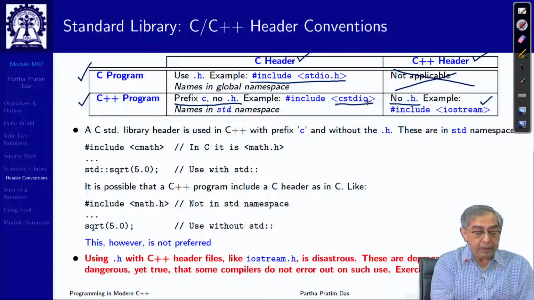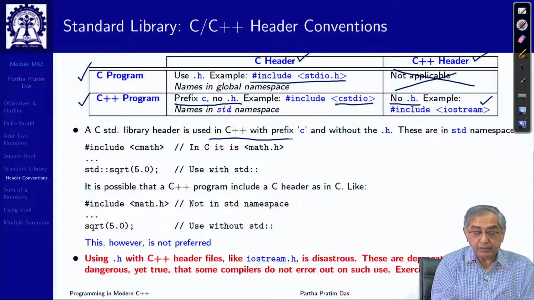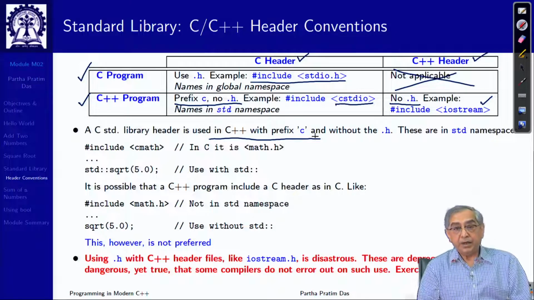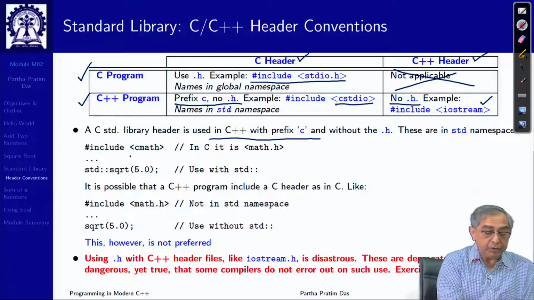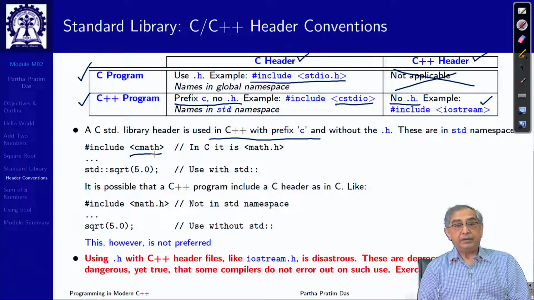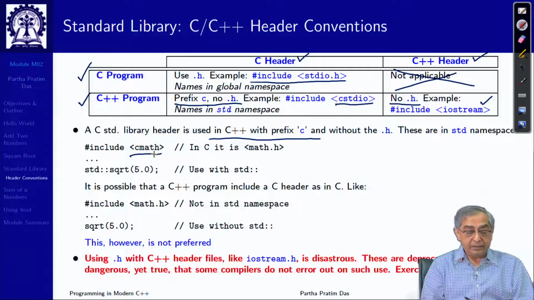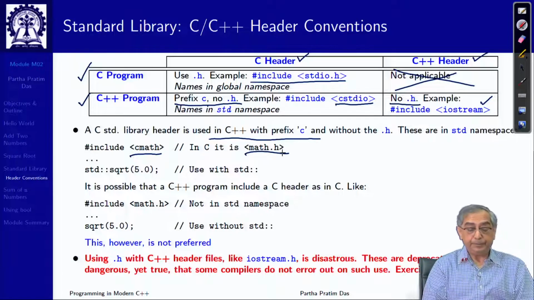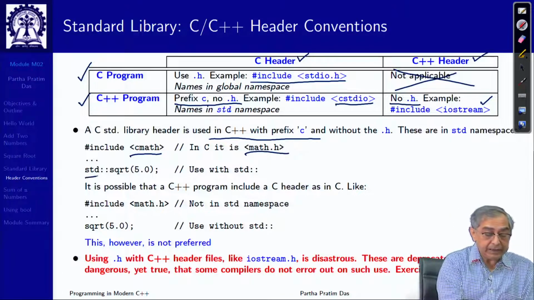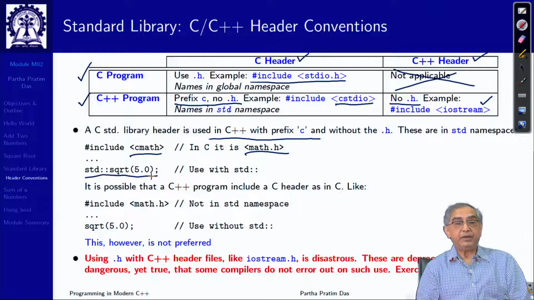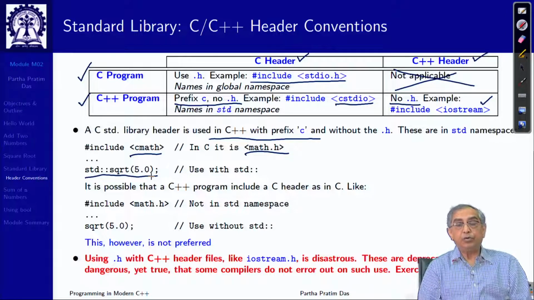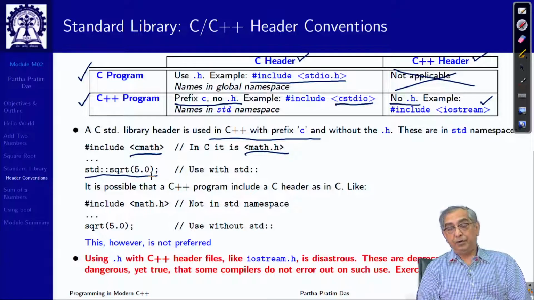So, when you have a C standard library header used in C++, we wrote cmath, and in C it was math.h, and in C++, it is actually std::sqrt, not just sqrt.